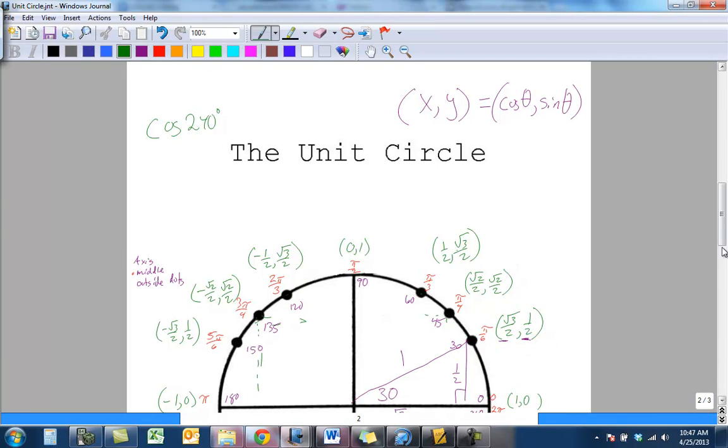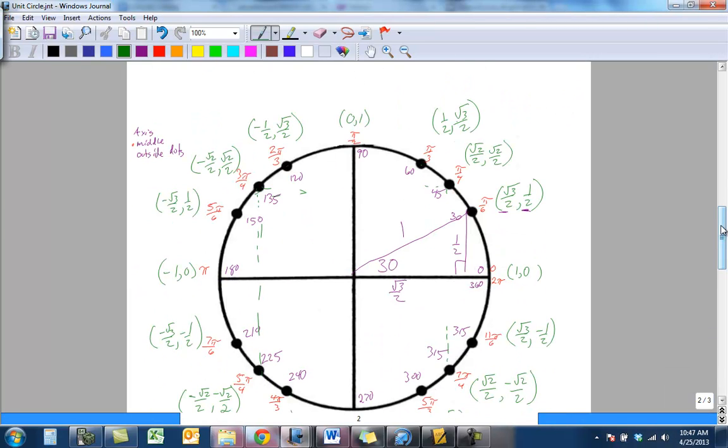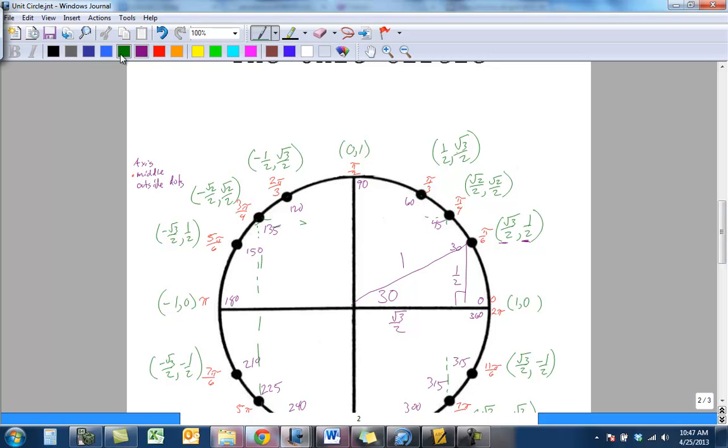The last thing are the tangents. Now, if you recall, tangent is opposite divided by the adjacent. So in this case, opposite is 1/2 divided by the adjacent is √3 divided by 2. All right, so 1/2 divided by √3 divided by 2 is 1/2 times the reciprocal, 2 divided by √3.